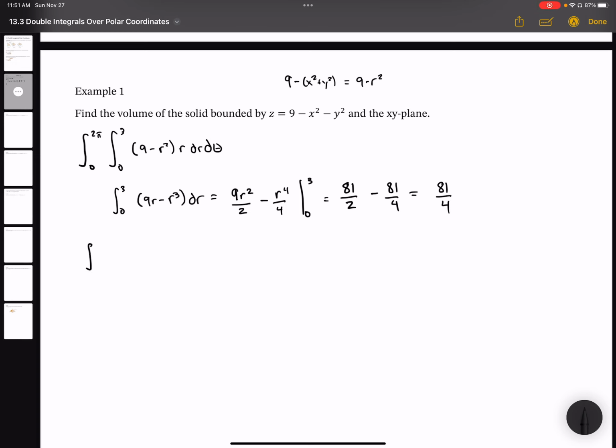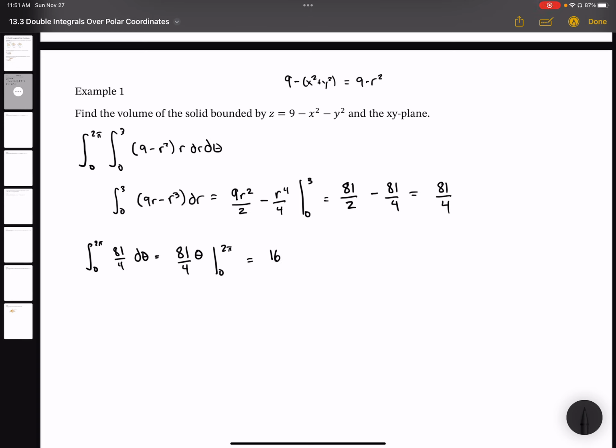And so our outer integral is from 0 to 2 pi of just 81 over 4 d theta. This is going to be 81 over 4 theta, evaluated from 0 to 2 pi.